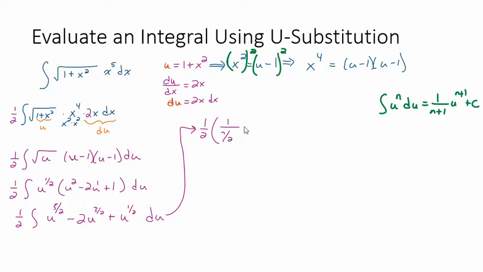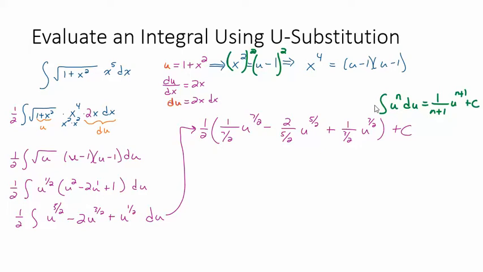So I have 1 over 7/2 u to the 7/2 minus 2 over 3/2 plus 1 would be 5/2 u to the 5/2 plus 1/2 plus 1 would be 3/2, so 1 over 3/2 u to the 3/2 plus a constant.